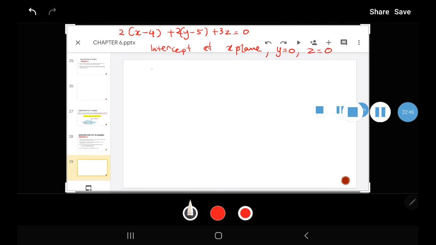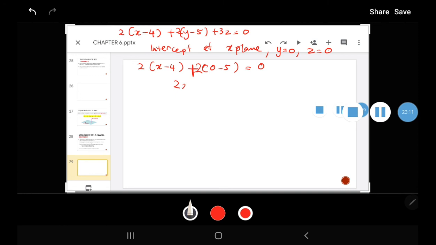So looking back at this question, 2x minus 4, remember y should be 0 and z should be 0, so plus 2 times 0 minus 5 plus 3z, 3 times 0, so I'm just going to leave it at that, equal to 0.